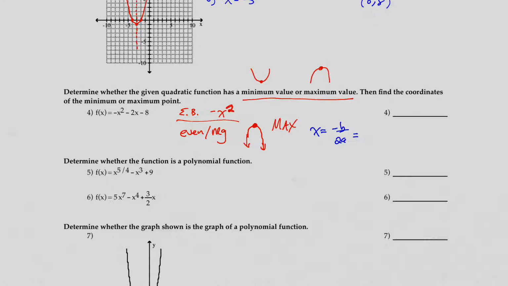So this is going to be positive 2 over negative 2, which is negative 1. So this goes into our function, and we get, don't forget all these different negatives everywhere.